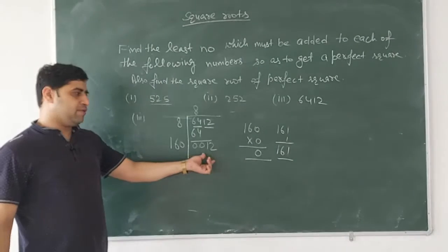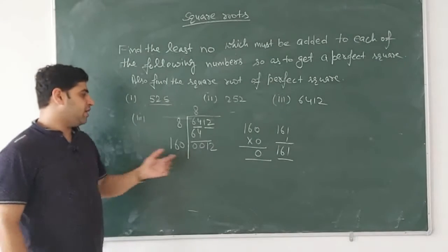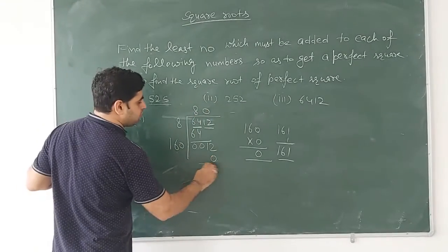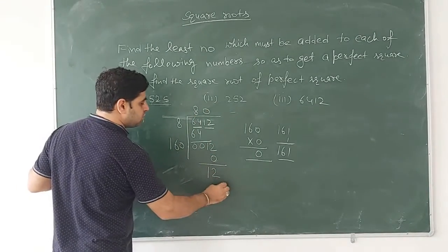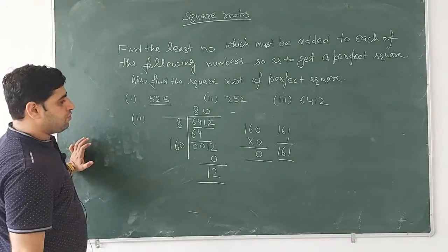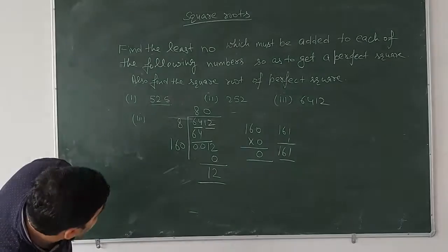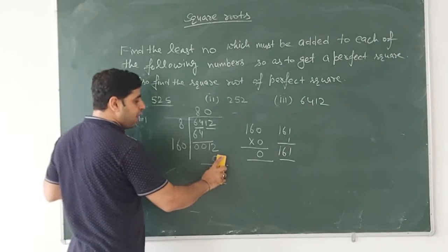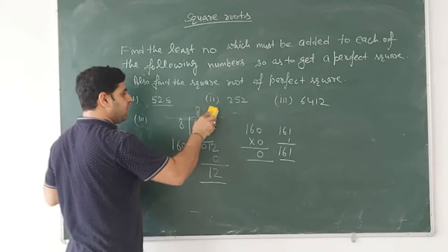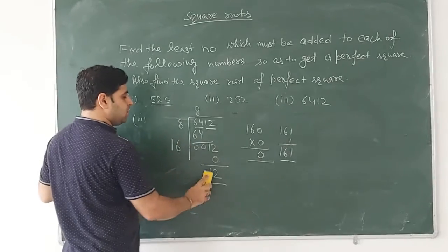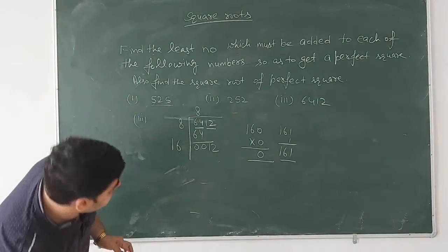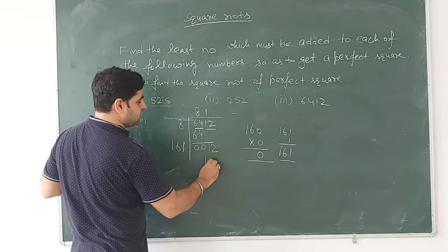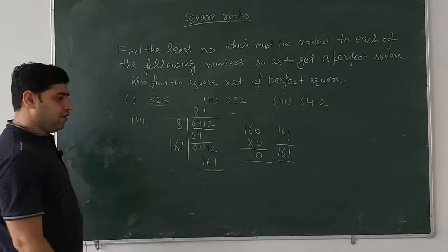So what number do we have to add? If 12 is not added, 12 will be subtracted. So here we write 161. 161 minus 12.